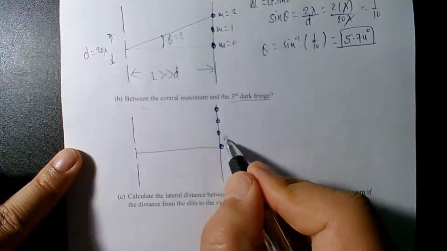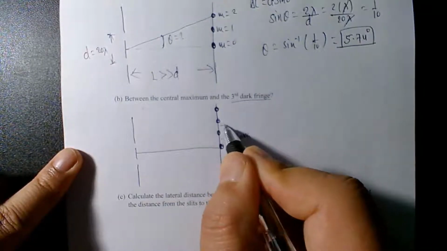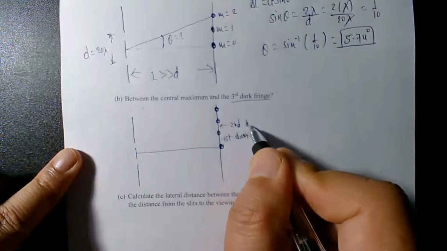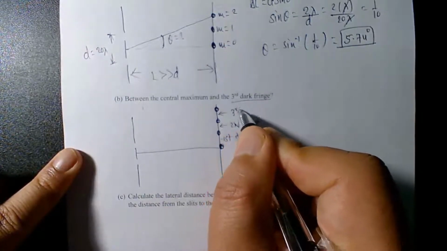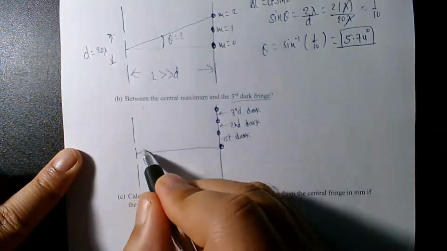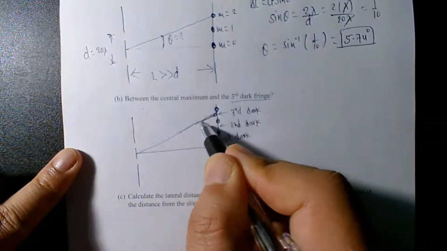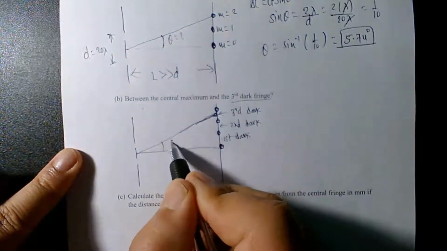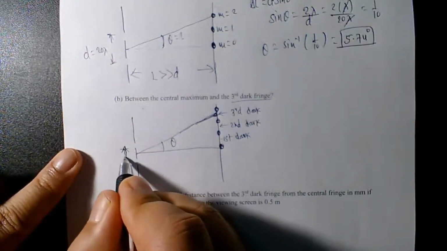This is the first dark, this is the second dark, and this is the third dark. What's the angle from the central line to the third dark?